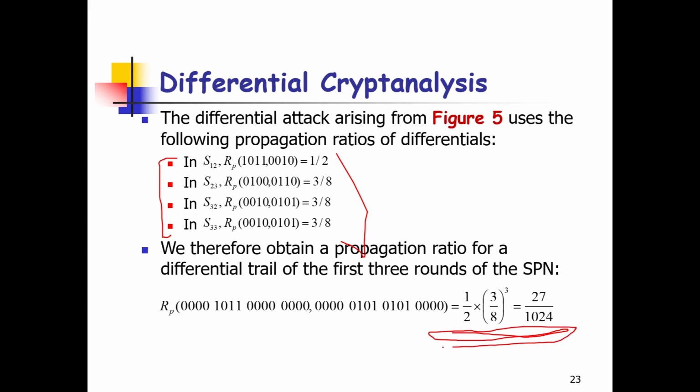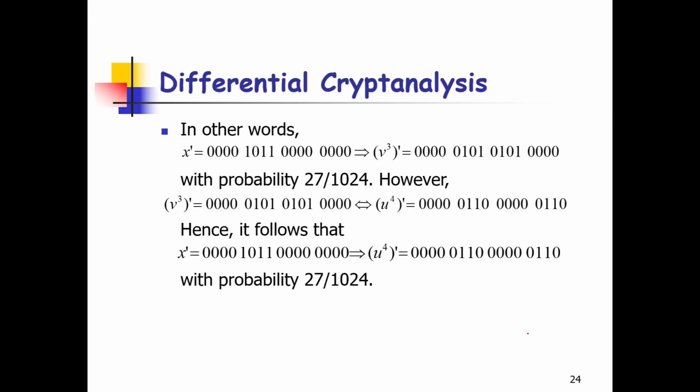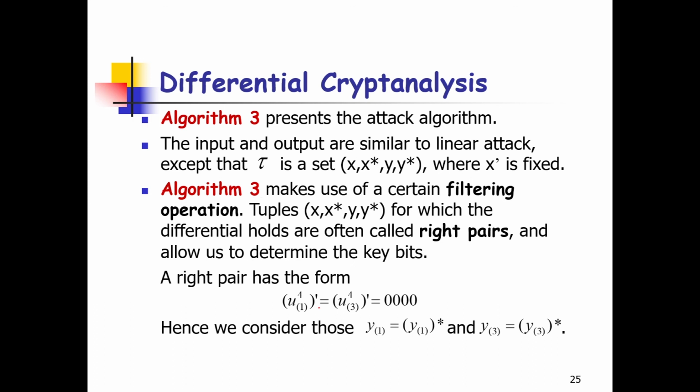This is the probability of our decryption. Now, for the value x dash, we are getting v3 dash. So for any possible plaintext pair, we can get the output with this probability. This is what differential cryptanalysis is.